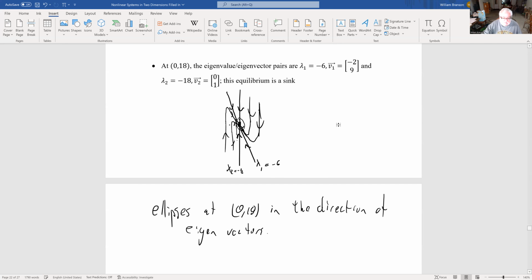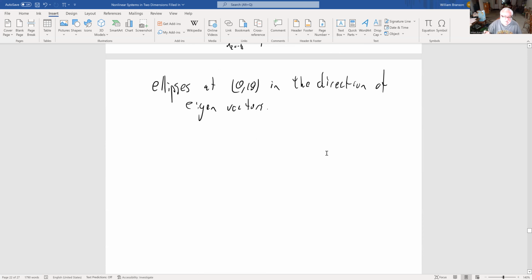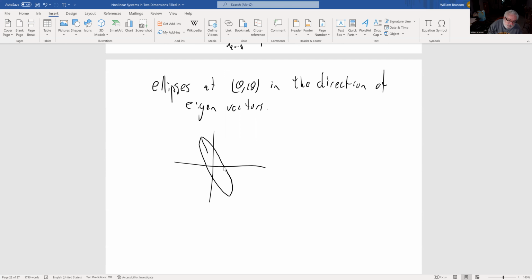So if we think about what an ellipse is, you can think about it as something that looks like this. It's got one vector that points out in this direction. We call that vector v1. It's got one vector that points out in this direction. We can call that vector v2.